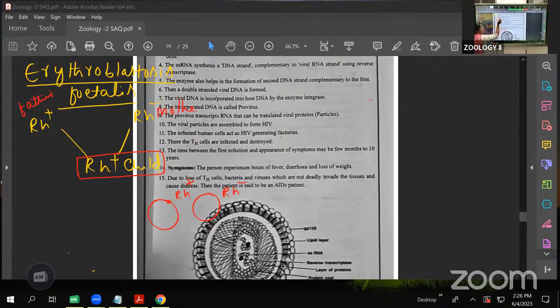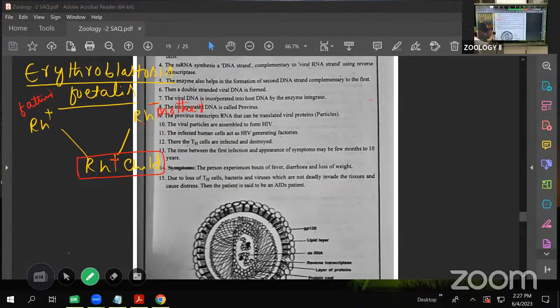At the time of delivery, you observe that between the mother and the child, the blood will differ. The mother has Rh negative, and the child has Rh positive.